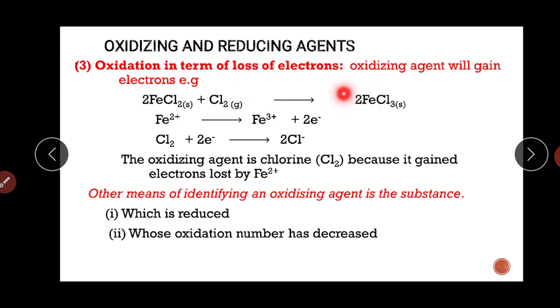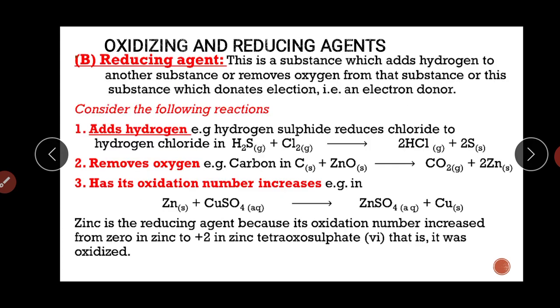So the oxidation number of chlorine has reduced, thereby chlorine is the oxidizing agent. But in the other case, the oxidation number of zinc has increased from 0 to +2, thereby zinc is a reducing agent.